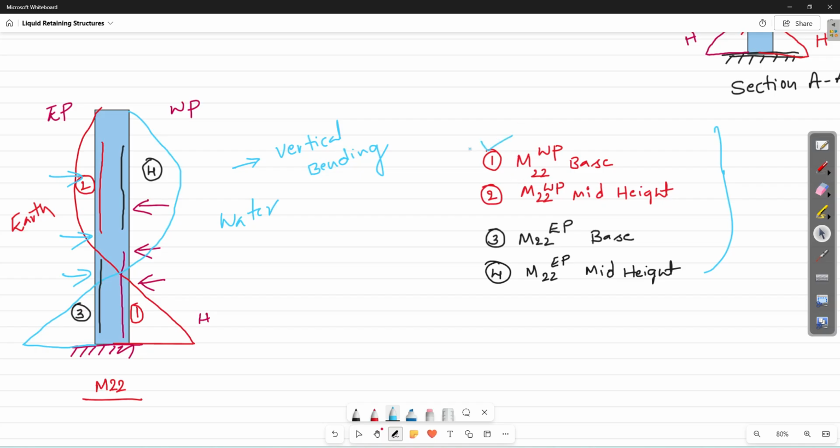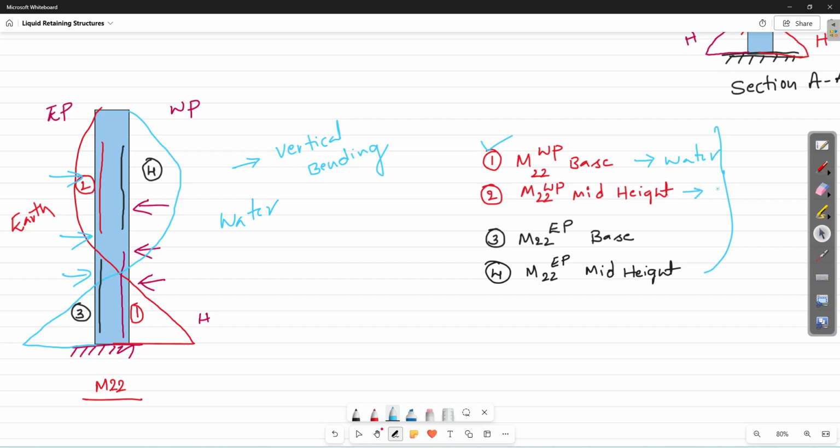Steel 1 will be provided on which phase? Steel 1 will be provided on water phase. So reinforcement phase, it will be water phase. Okay. Next, steel 2, it is provided on which side? On earth phase.